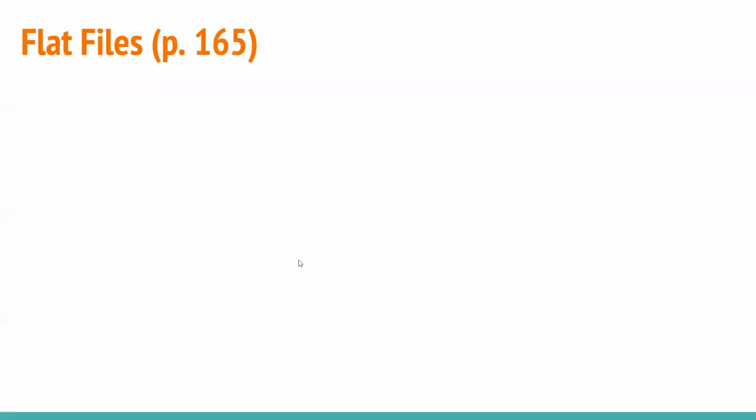So the next thing we need to discuss is a thing called flat files. Why they call them flat files is beyond me. Basically they just needed a word for files that includes text files but is not limited to text files, if that makes sense.